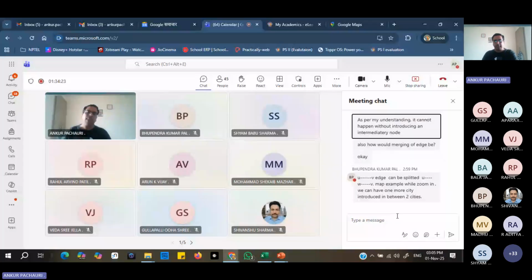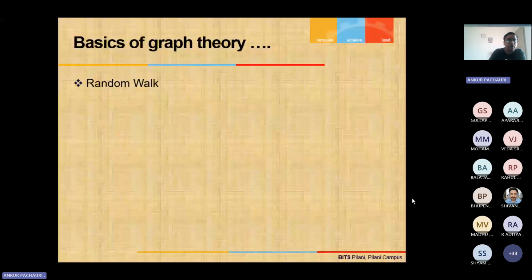Okay, now any more queries? Now, walk. This is a word we will be using in this course very frequently. Another term we use is random walk or random restart.